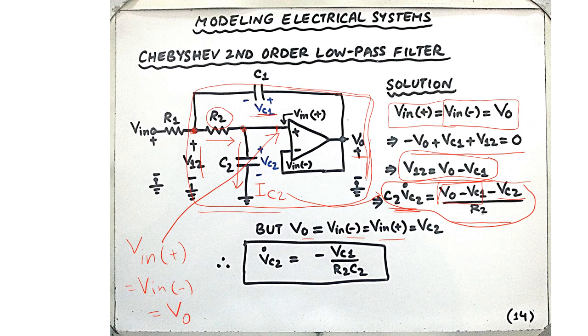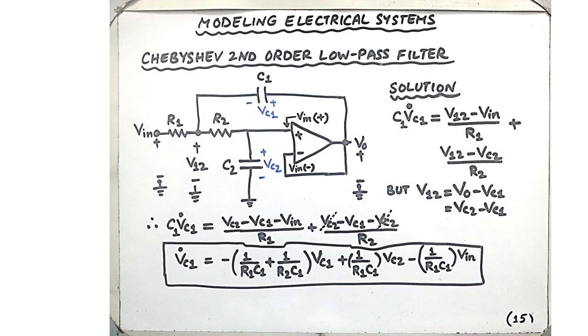But we have also said that this is the same voltage as the voltage across capacitor C2, so that is VC2. Therefore, if V0 is the same as VC2, these two terms will cancel out and we arrive at this expression: VC2 dot is minus VC1 over R2 C2.